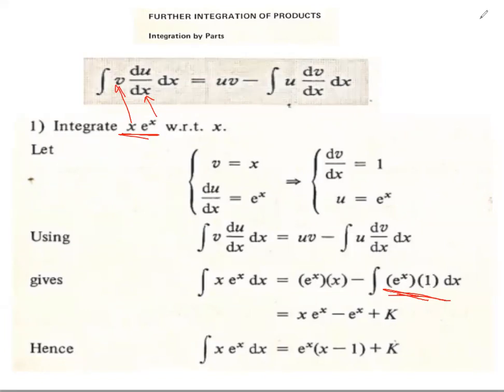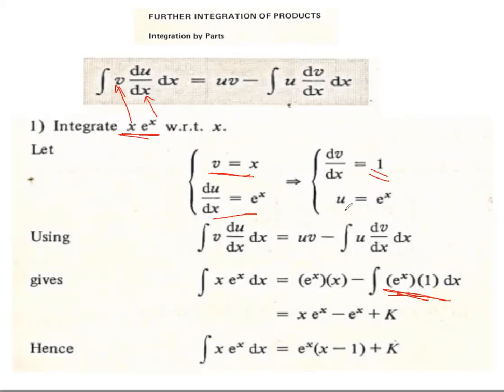Good. So let's follow the procedure. We let v be x, and you let du/dx be e to the x. So that's what's happening here, there and there. From this, we can get dv/dx, which is 1, because v is x. And if du/dx is e to the x, well, you integrate this to get u.